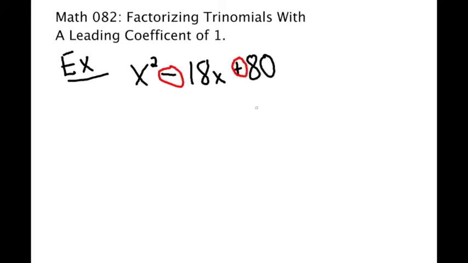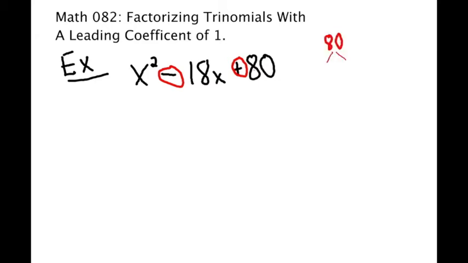In this example, we're going to try x squared minus 18x plus 80. Now, we're going to start by looking at the signs, positive and negative. So, since the 80 is positive, our c term is positive, that means we're going to need two numbers that are going to multiply to be positive, which means both numbers are either going to be negative or both numbers are going to be positive.